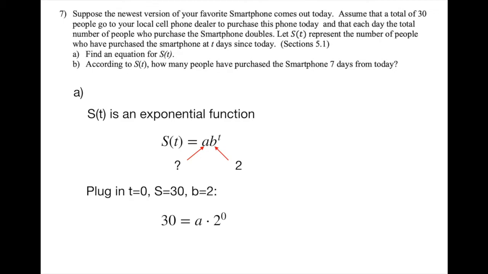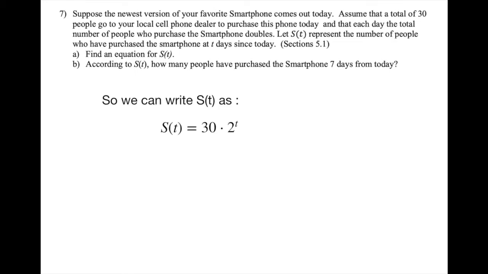We know b is 2 to the power of 0. And 2 to the power of 0 is just 1. So a is 30. So that's how you calculate your a. Now we know a, we know b, we can plug into the model. So S of t is 30 times 2 to the power of t. That's part A.